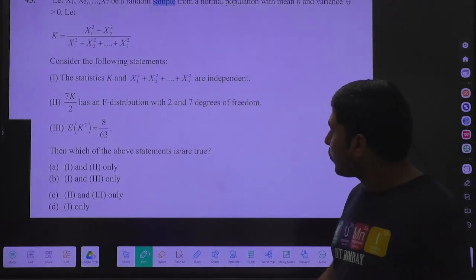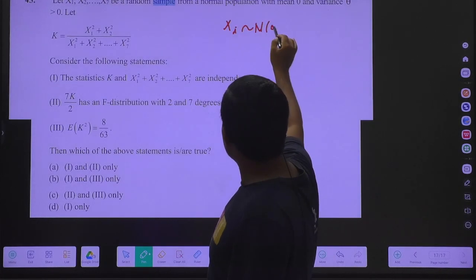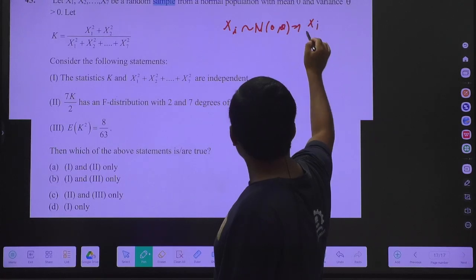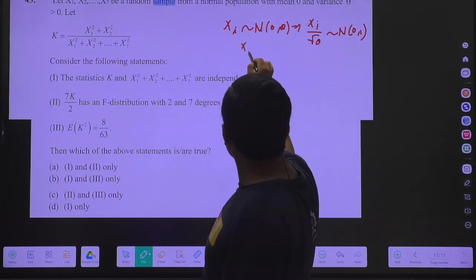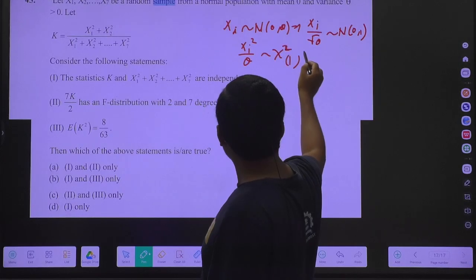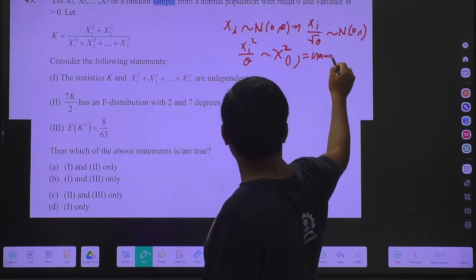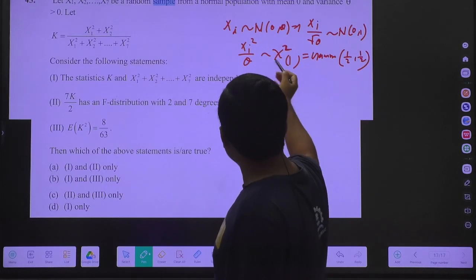So we have just discussed: xi is normal 0 theta, so xi upon root theta will be normal 0 1. Xi square upon theta will be chi square 1, and chi square 1 is gamma 1 by 2, 1 by 2.